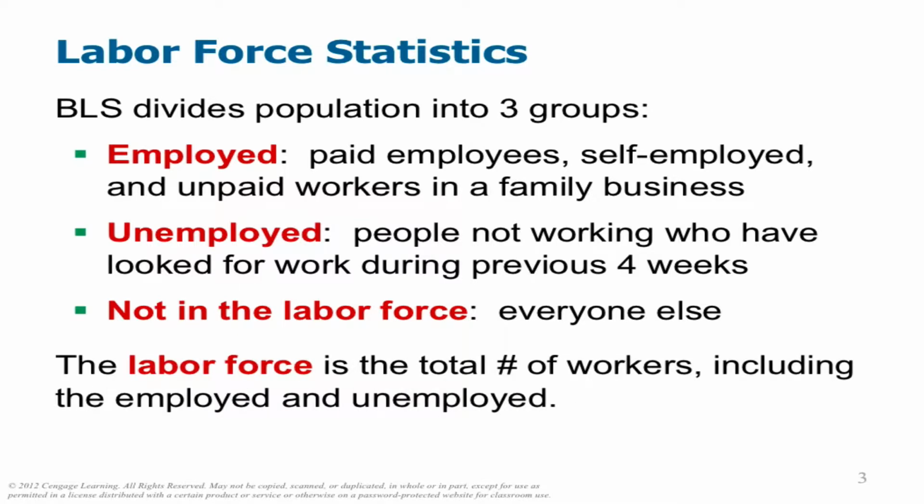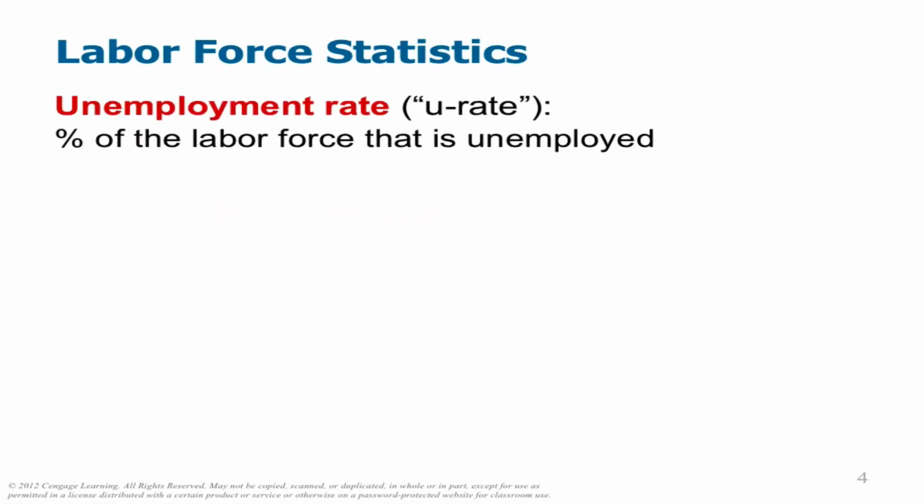All right. Total number of workers, employed and unemployed, is the labor force. Does not include those not in the labor force. The unemployment rate is the percentage of the labor force that is unemployed.